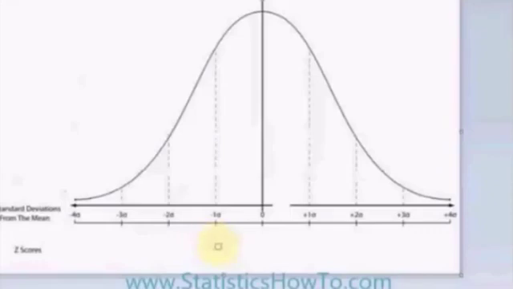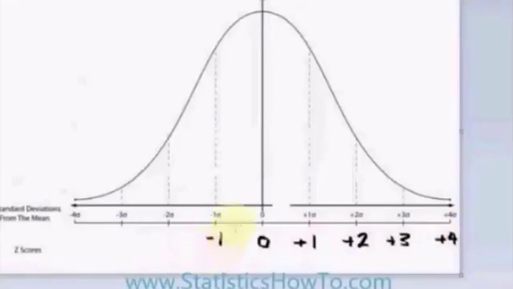A z-score of 0 tells you the observation is bang in the middle right here. This is the mean. A z-score of +1 will tell you a score is 1 standard deviation above the mean. And a z-score of +2 tells you you are 2 standard deviations above the mean. So that's what a positive z-score tells you. You're a certain number of standard deviations above the mean. And we can go back the other way too.